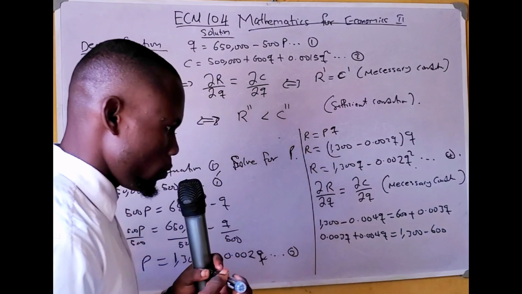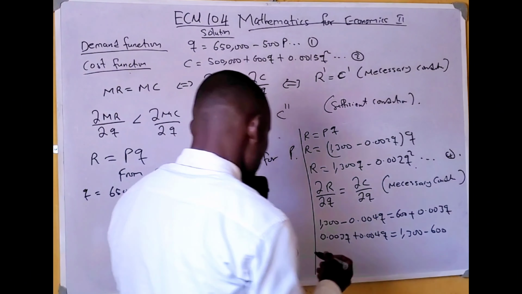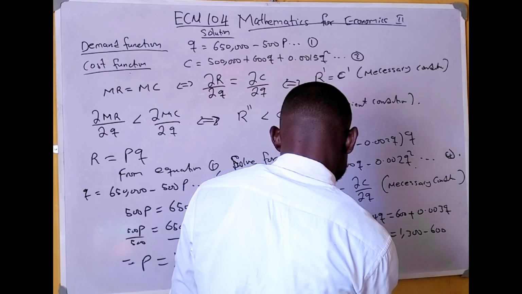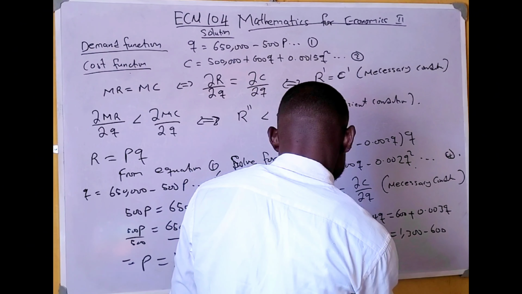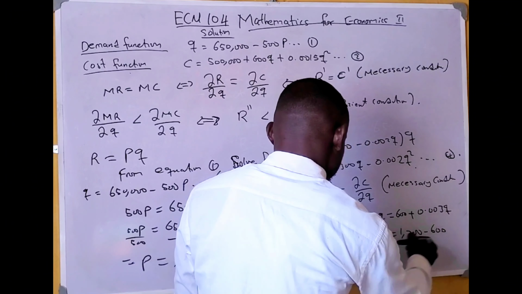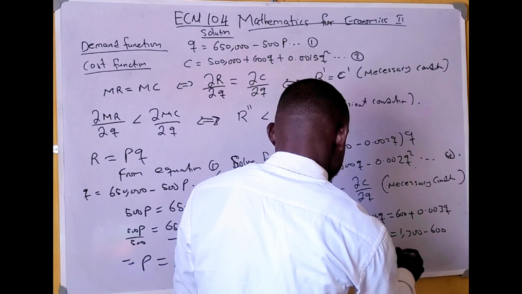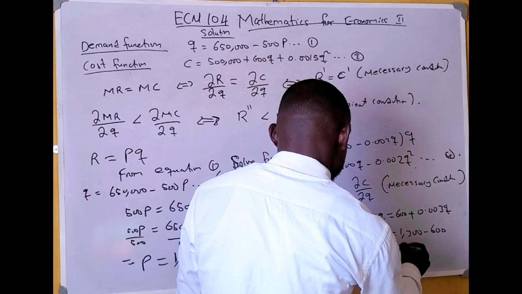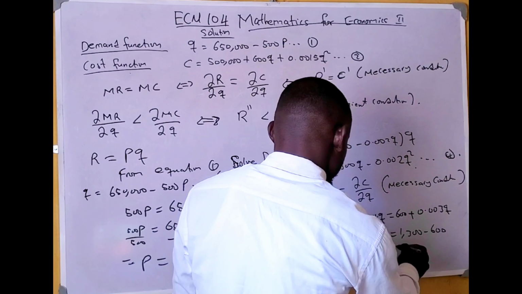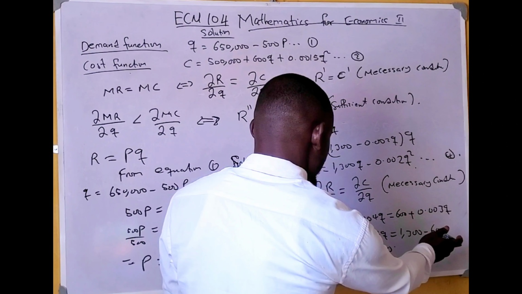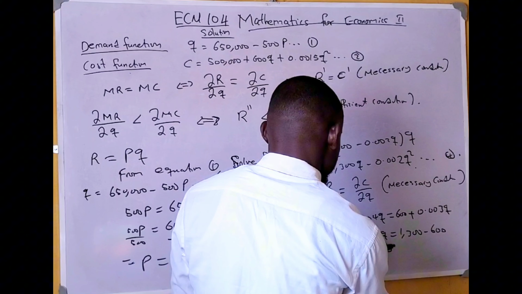Are we together there? Yes. So from here, this is 0.007Q equals 700. See, 1,300 minus 600 equals 700.